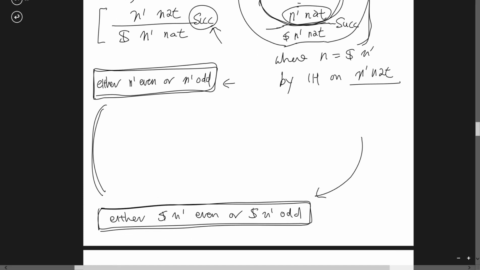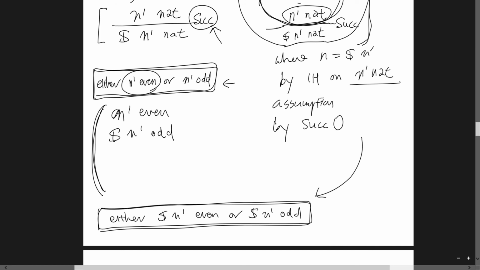So let's complete the proof. Let's just say assume, for example, n prime even. This is the assumption. Then we apply a successor even rule. We have successor even odd. This is by successor odd rule. So therefore, we have this one. This statement is strictly stronger than this one. And the other case is symmetric.